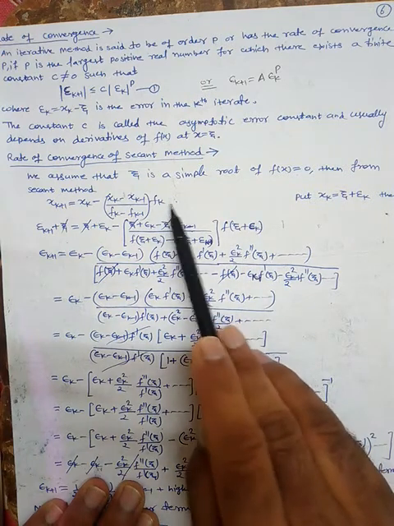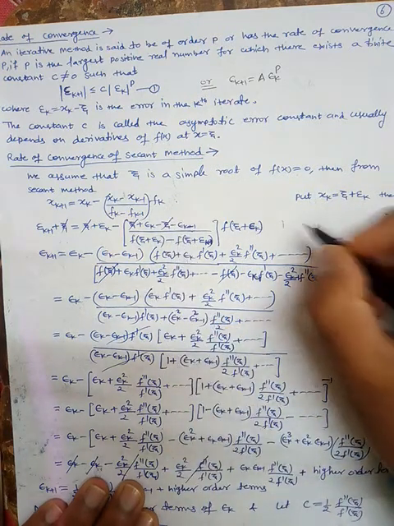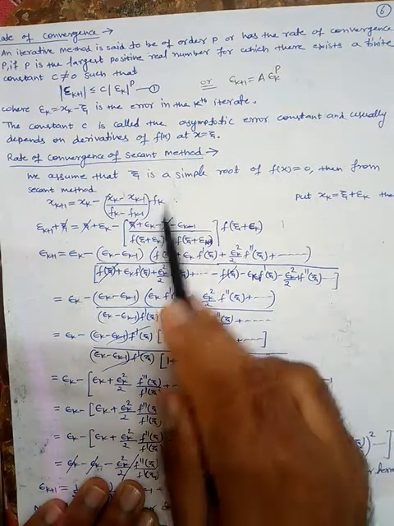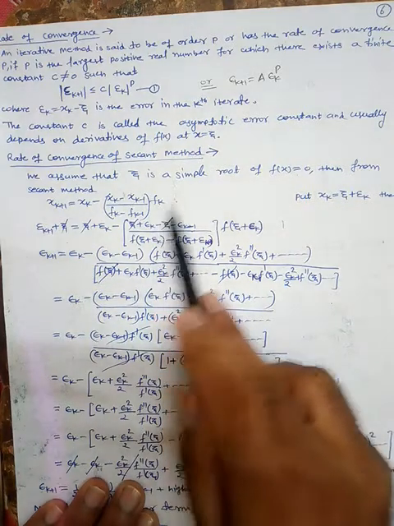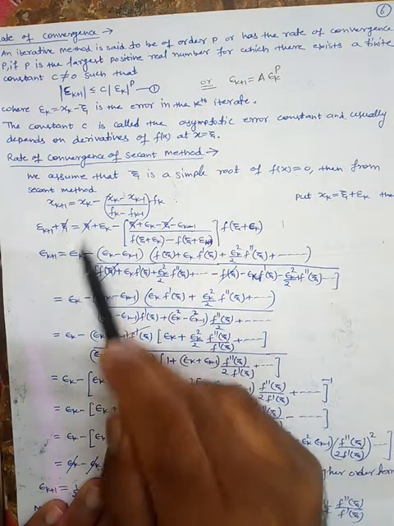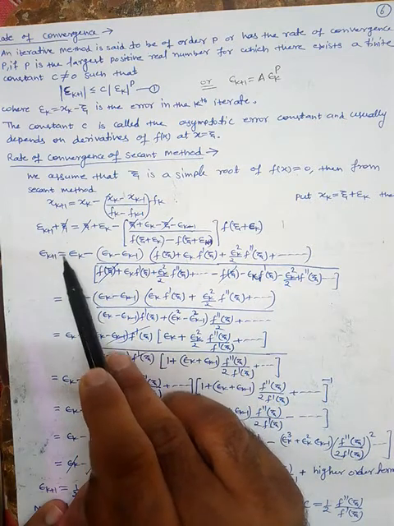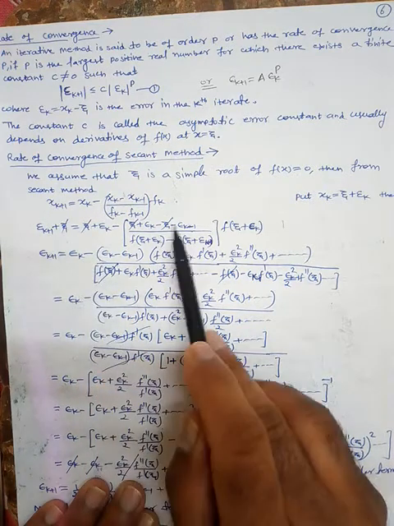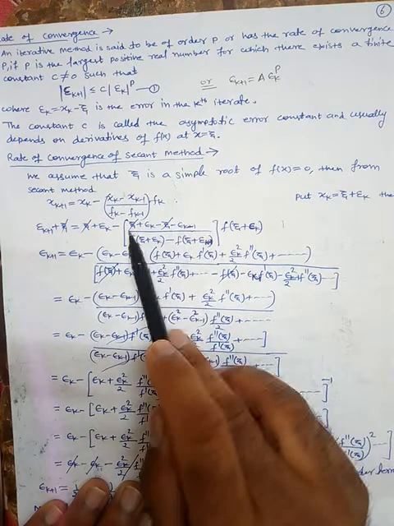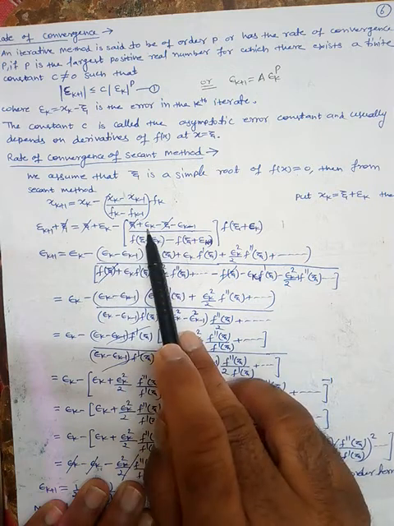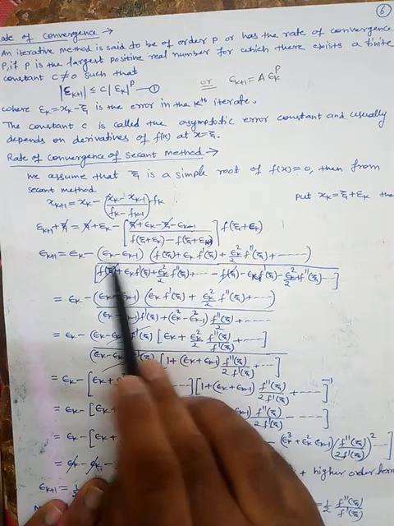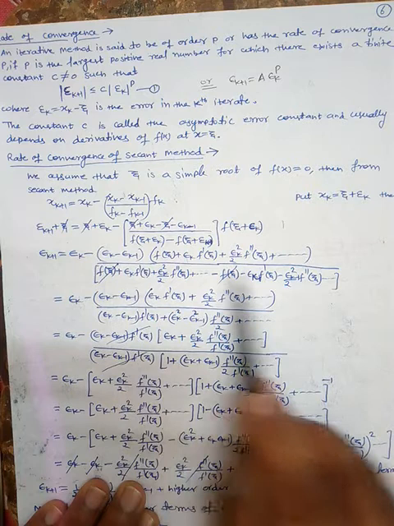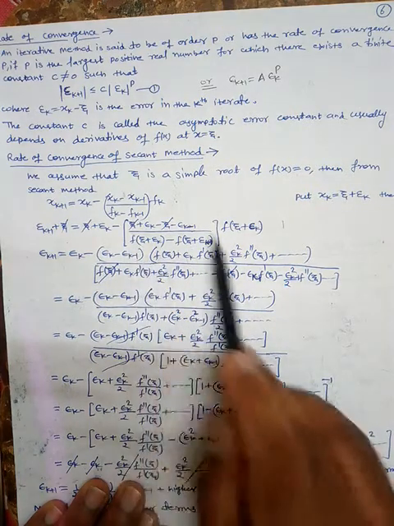Fk means f at xk. We are already aware of this short representation. Now xi cancels out with this xi, so epsilon k plus 1 is equal to epsilon k minus, and from this xi also cancels out, we have epsilon k minus epsilon k minus 1, divided by this quantity.